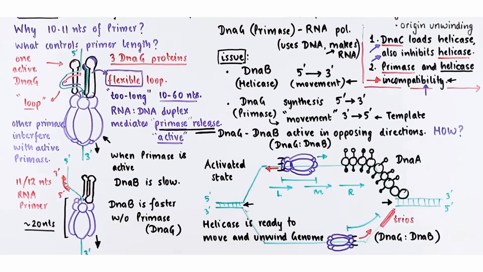This positioning of the top complex occurs at the L region of the DUE, and the positioning of the bottom complex occurs at the R region of the DUE, which partially overlaps with the triose. This is the activated state of the helicase where an RNA primer has been made, and the helicase can actually move and unwind the genome starting at the origin.